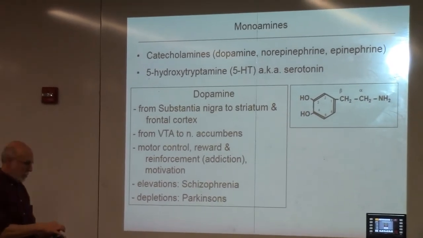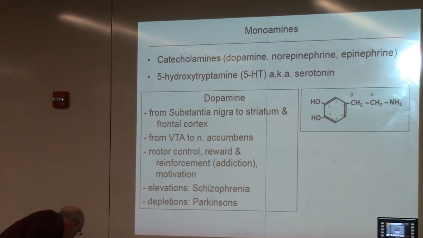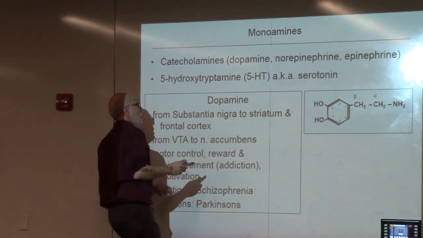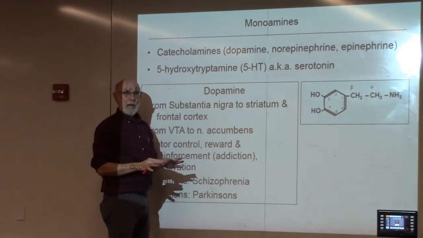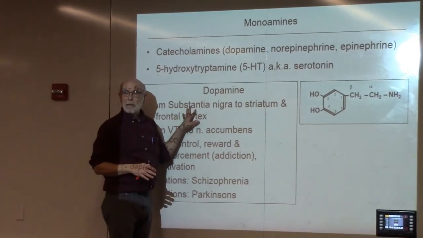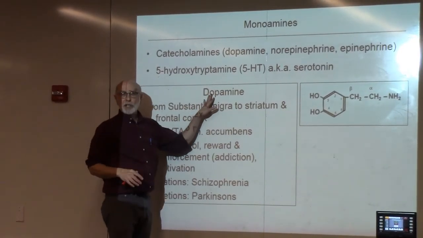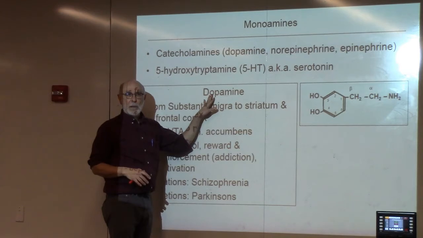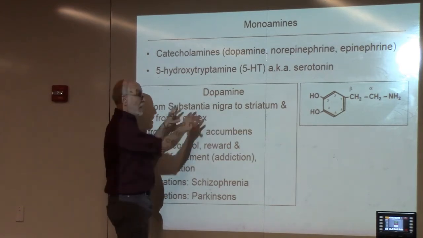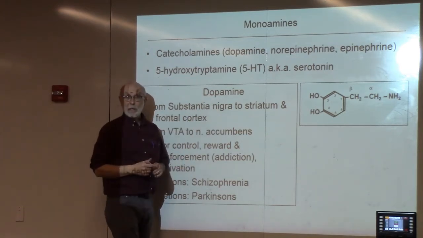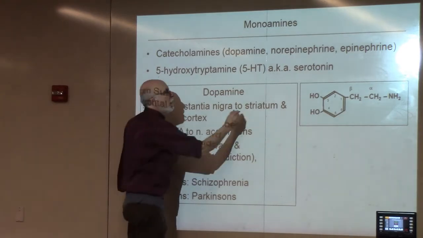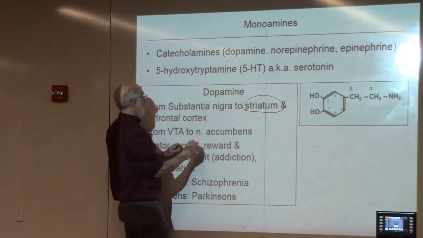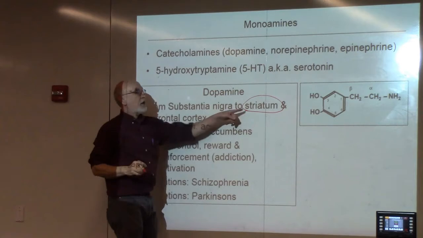Let me just circle two things, though, that are on this slide. So the substantia nigra is the location of the cell bodies of dopaminergic neurons. The axons of those cell bodies go to the striatum, and let's just talk about the striatum.